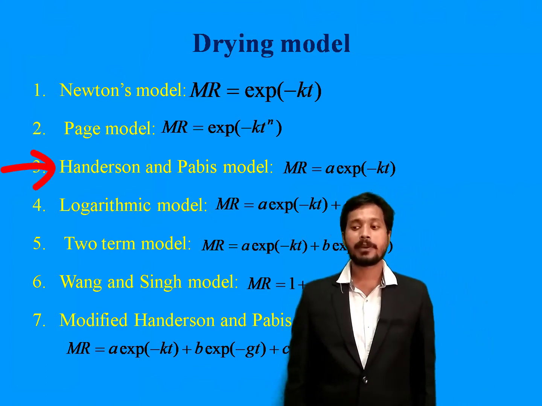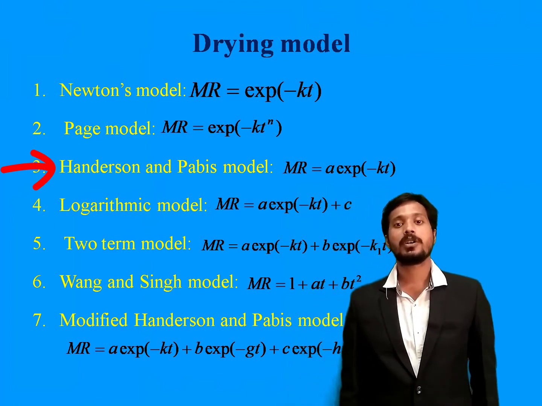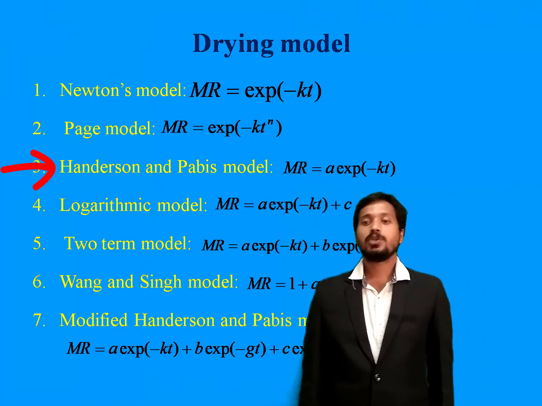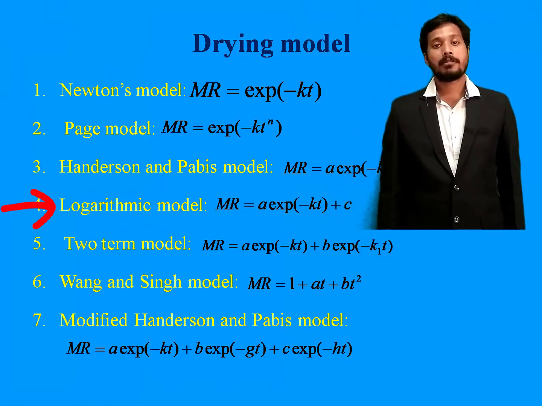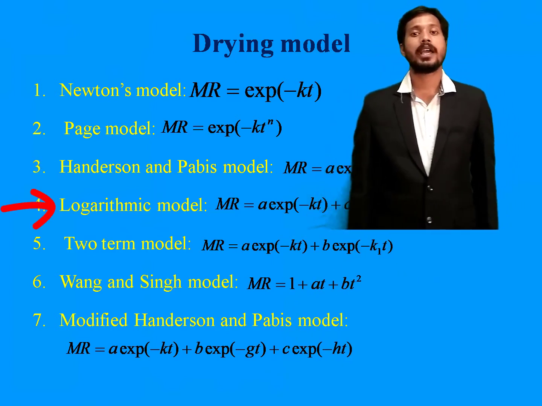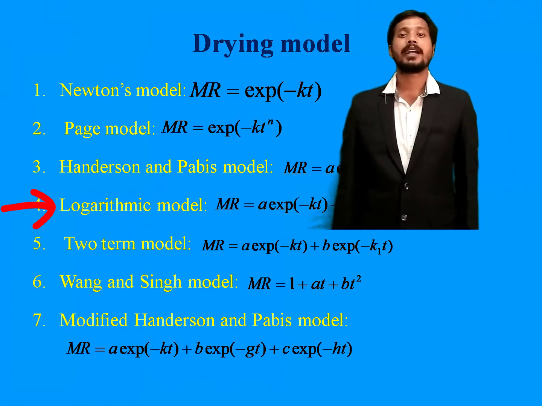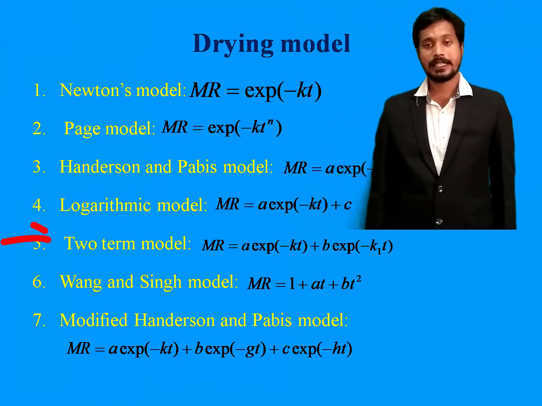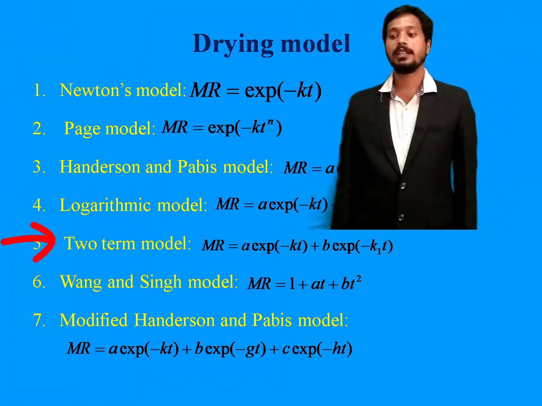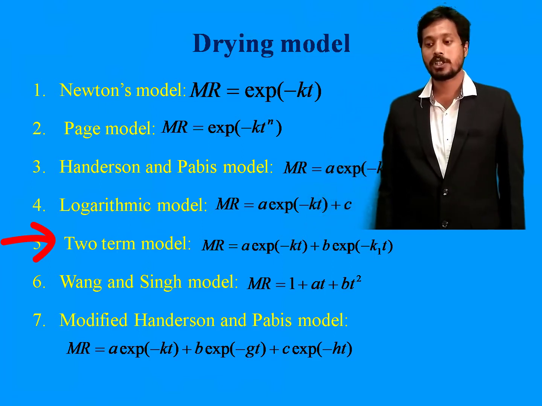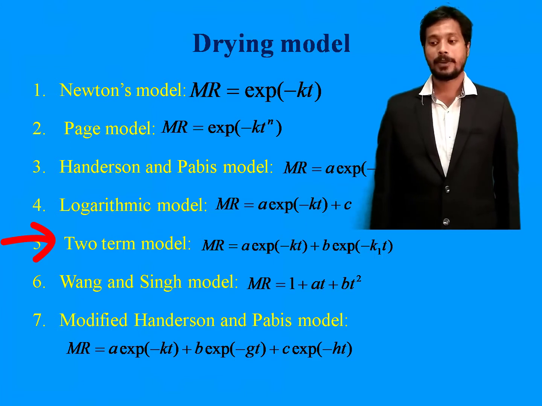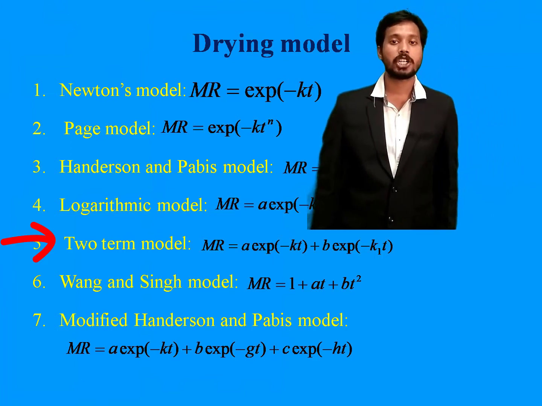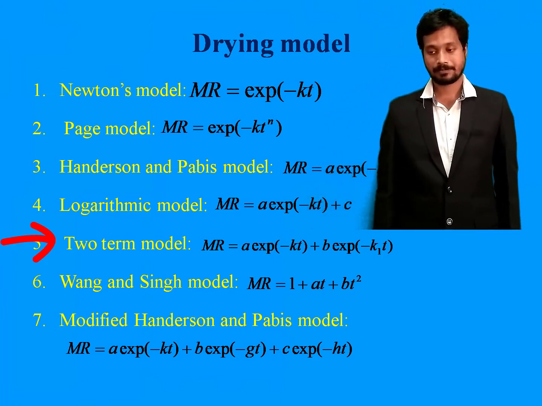Then Page model, moisture ratio MR equals exponential of minus kt to the power n. Then Henderson and Pavey's model, moisture ratio MR equals a into exponential of minus kt. Logarithmic model, moisture ratio equals a into exponential of minus kt plus c. And then the two-term model, moisture ratio MR equals a into exponential of minus kt plus b into exponential of minus k1t.